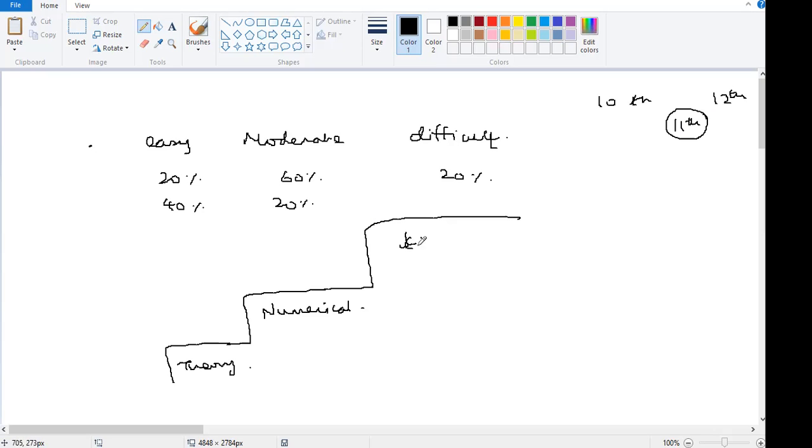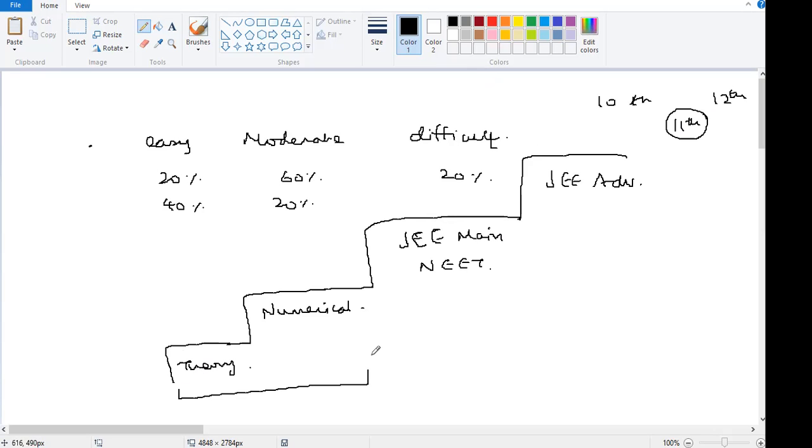Then the third step is your JEE Main and NEET, and even more, the next step is your JEE Advanced. Generally, doing the first two things is a must for you. You don't have a choice. If you take a little bit of extra effort, you can do well in this also.